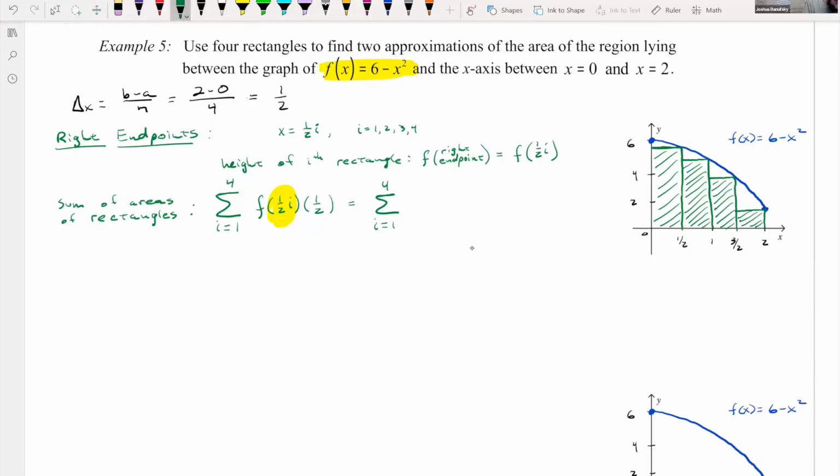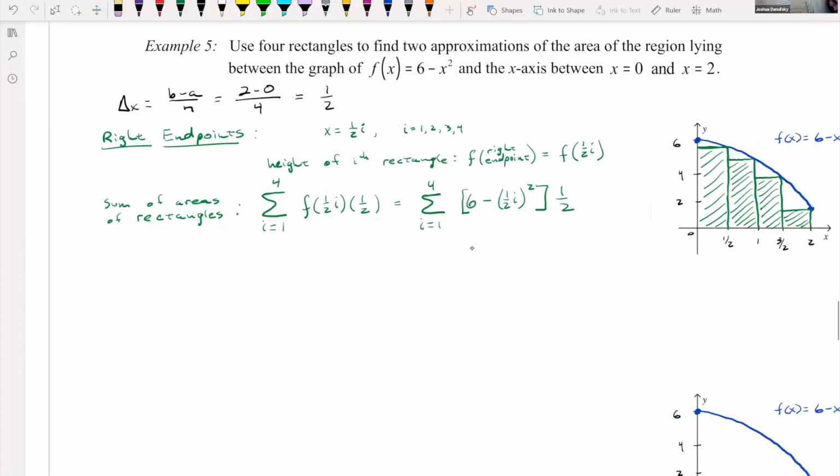So we're going to have 6 minus (1/2 i) squared. This isn't any more complicated than taking an x value and plugging it into your function to get the height of that rectangle. And from there, we have to multiply by 1/2 because that's the width. So again, this is the height, this is the width of the ith rectangle. Then we can do it for i equals 1, i equals 2, and so on and so forth.